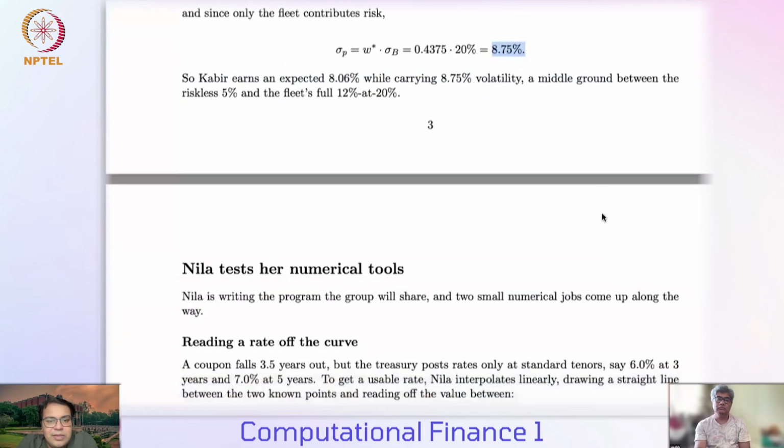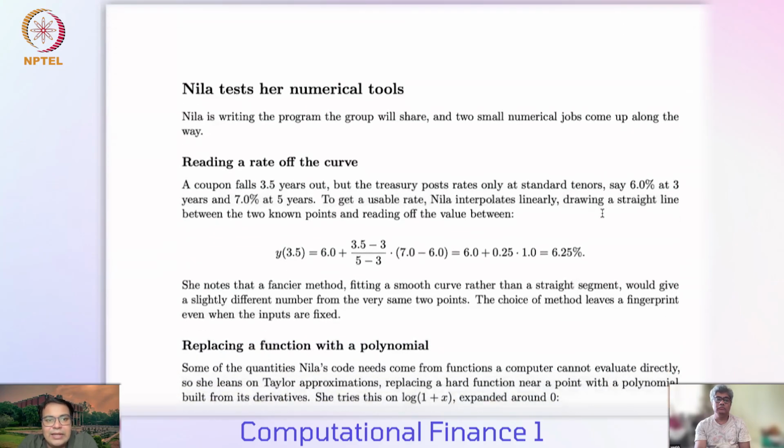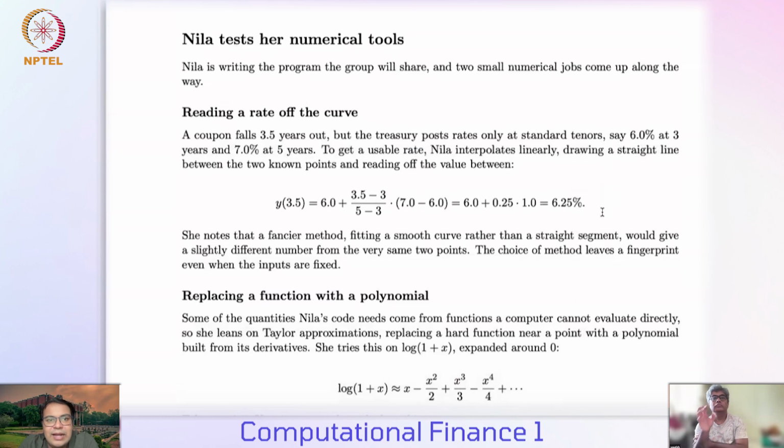Okay, the final thing that we cover in this course is numerical tools, and Neela is basically helping out her friends here, writing the program that the group is going to use. So we have already met the three people in the group, and two small numerical issues came up for Neela. So one was about how do you read a rate which is not on the curve, right?